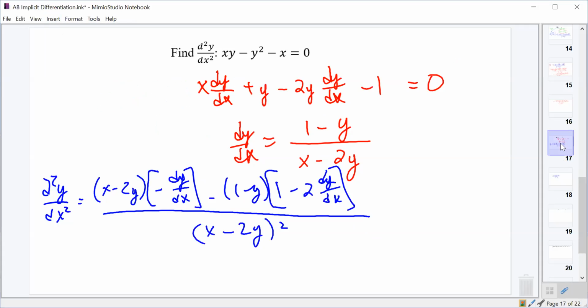And then the second part of that is we'll need to distribute this stuff all out, right? Because this has a 1 minus 2 times dy/dx, so the whole thing's not being multiplied by dy/dx. So the 1 minus the 1 should be minus 1. So we'll have a minus 1, and we'll have a plus y to start with.